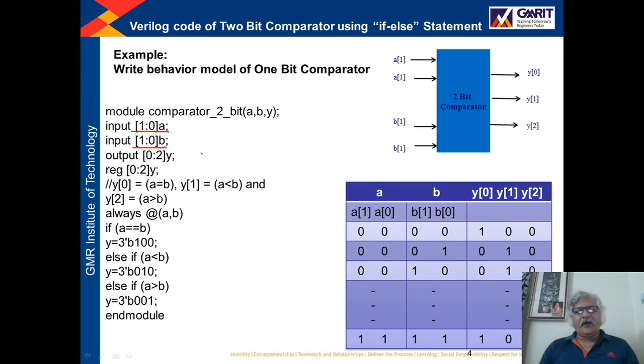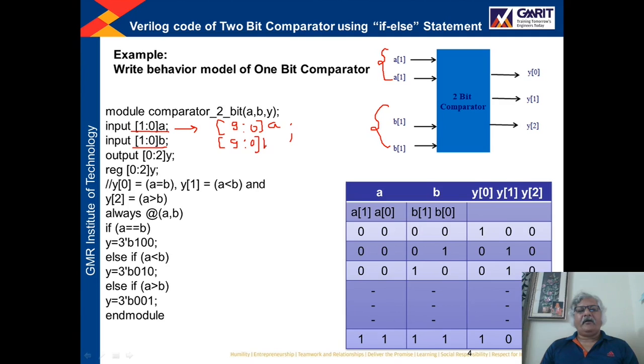Suppose I want to develop a comparator which compares 10 bits. So there are two 10-bit numbers, the first 10-bit number and the second 10-bit number. Here in this statement, I simply have to write within square brackets [9:0] A. So I will declare A as a vector of 10 elements, 9 to 0, and B also I will declare as a vector of 10 elements, 9 to 0.